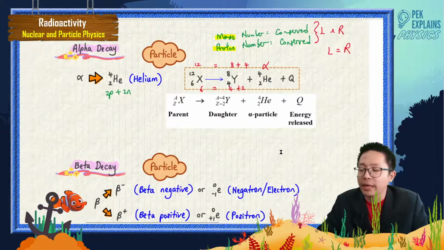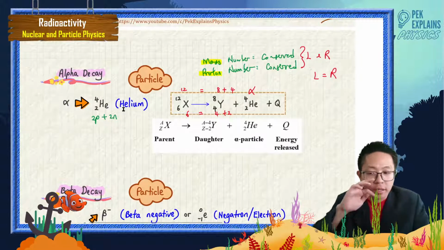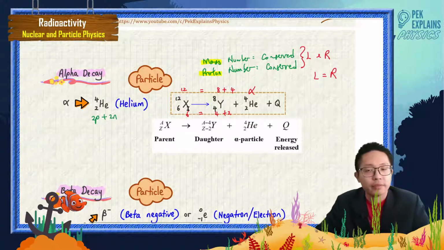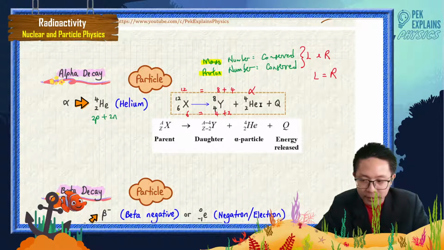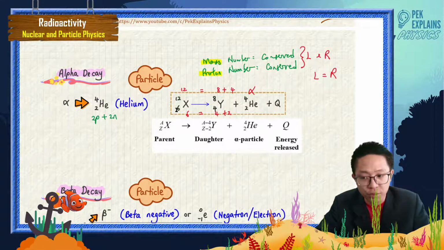Okay, now look at this alpha decay. Will it change the parent into a different element when it emits the alpha particle? Of course, because you remove the helium, you actually remove 2 protons. You change the proton number from 6 to 4.